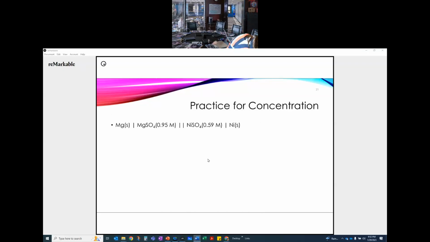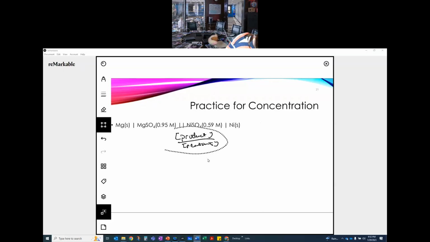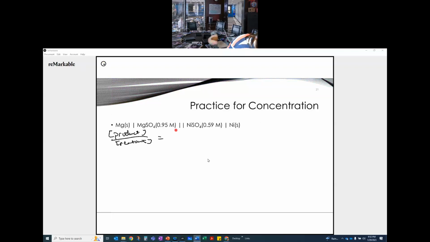So my product over reactant, I'm just going to move this because I need to, is going to be my product Mg2+ over my reactant, which is the Ni2+, and that's going to be equal to 0.95 over 0.59.